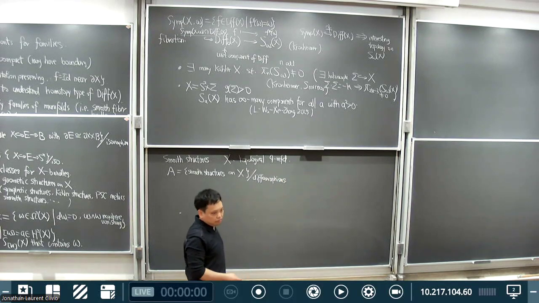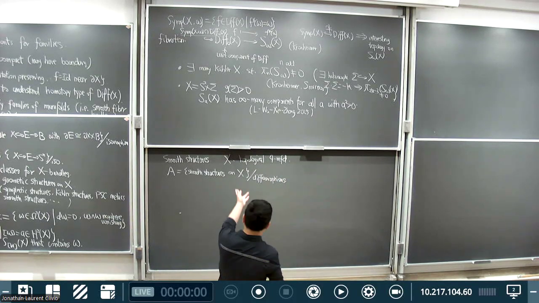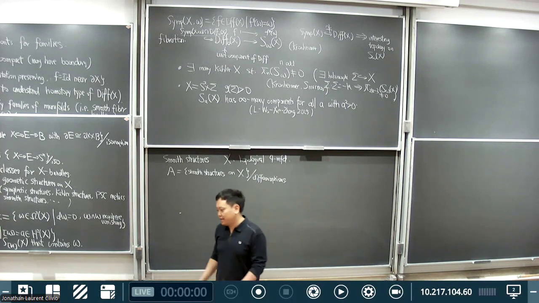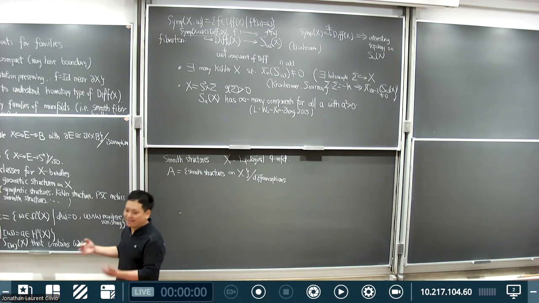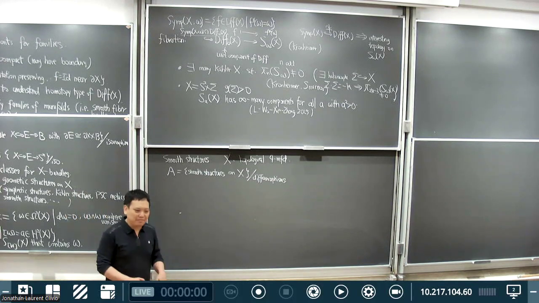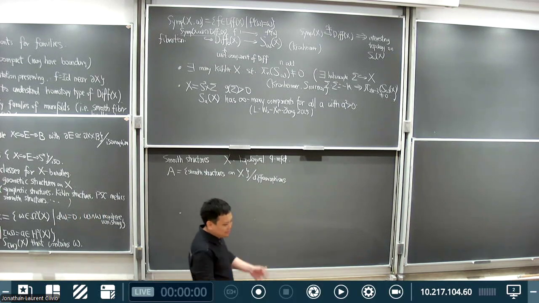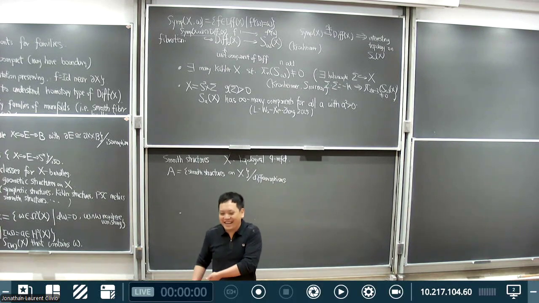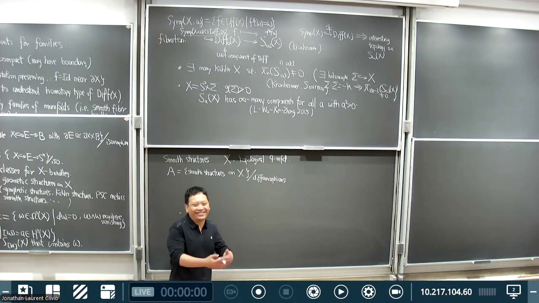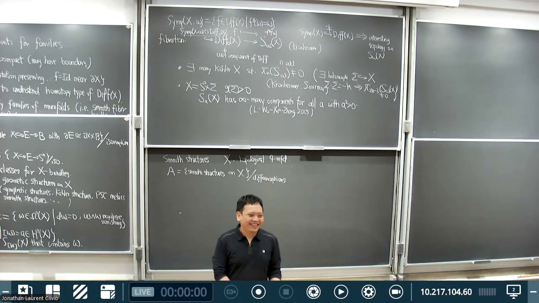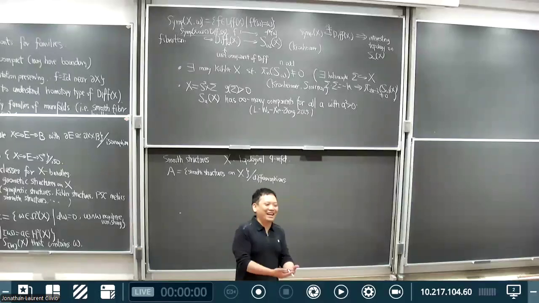There's a subtlety here, because when we say smooth structure, we mean a maximal smooth atlas. But when we say this manifold has infinitely many smooth structures, any manifold has infinitely many, because we can always find two different smooth atlases which are not compatible with each other.